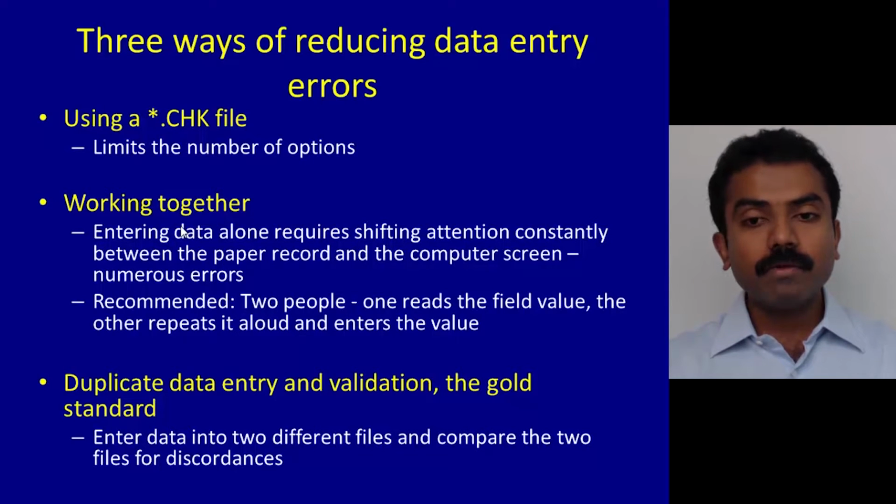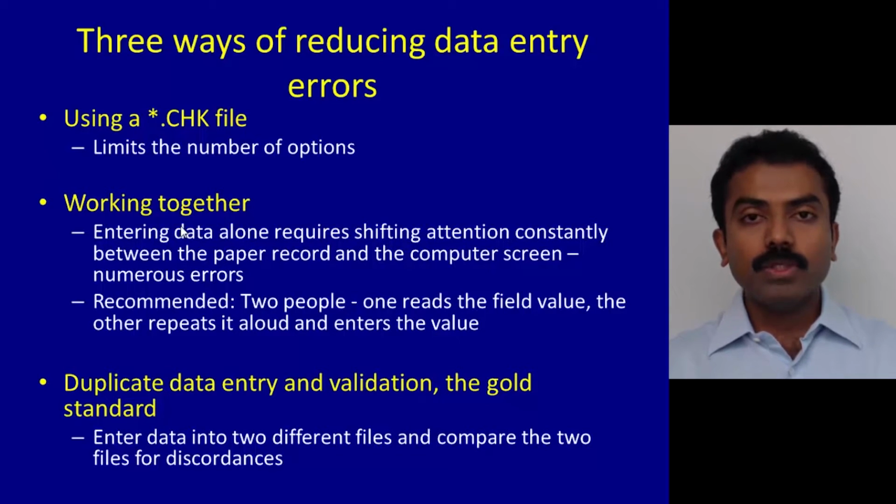But even with that approach, there could be some data entry errors. The best way, and what is considered the gold standard in preventing data entry errors, is duplicate data entry and validation. Now, what is this duplicate data entry and validation?